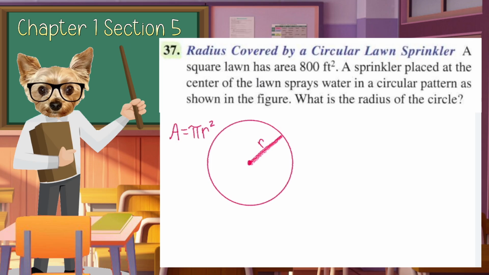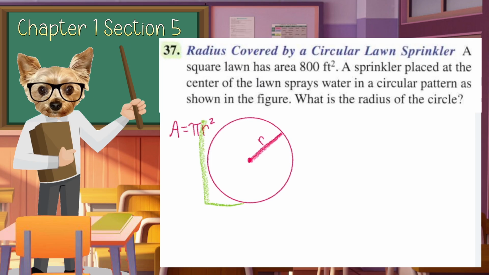So what we're missing is basically it's like flush. So it's like the circle is perfectly fitting inside right over there, right?